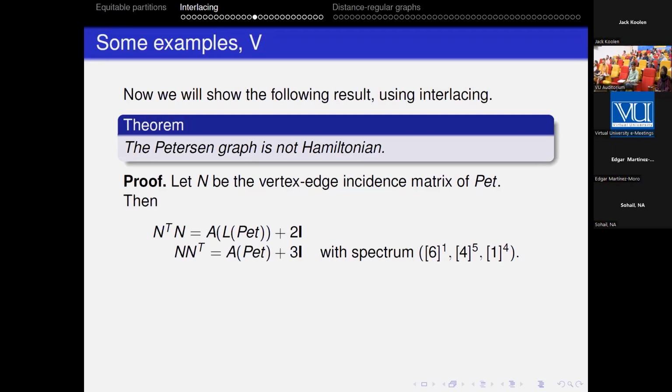The Petersen graph has spectrum 3, 1 with multiplicity 5, and -2 with multiplicity 4. So you add 3, and then you get 6, 4, and 1.